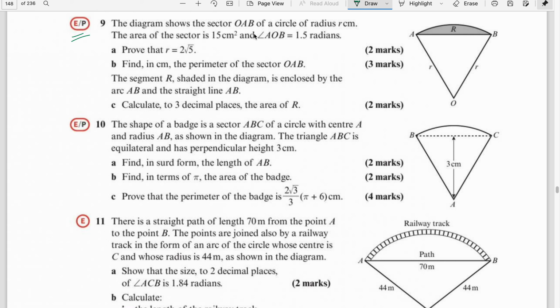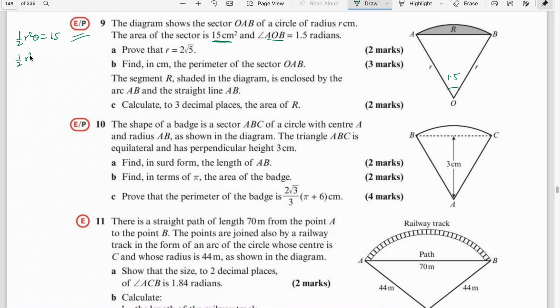Question number 9. The diagram shows sector OAB of a circle of radius r centimeters. The area of the sector is 15 centimeters square. AOB is 1.5 radians. Prove that r is equal to this. So we have the area, and let's use these values. 1 by 2 r square theta is equal to 15.